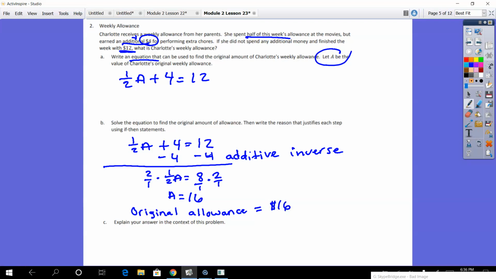Explain your answer in the context of the problem. So Charlotte's weekly allowance is $16.